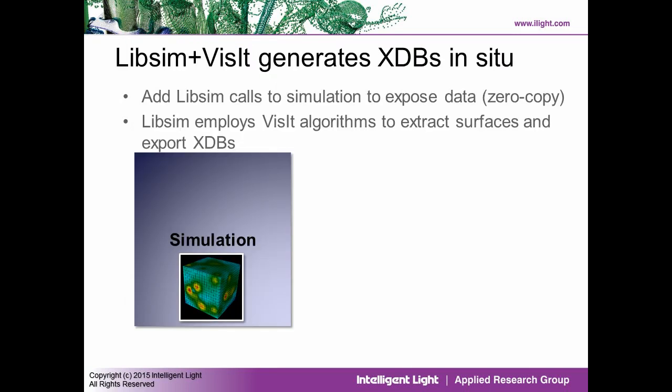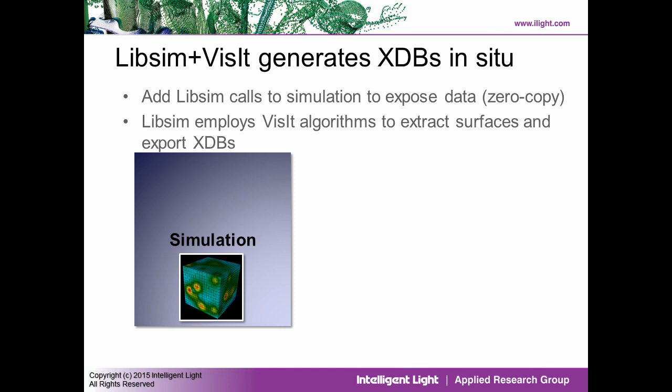So I'll go into a little bit of how LibSim works now before we go into the section where I'll give more concrete examples about the kinds of features that we added to support Kestrel. But anyway, when you have LibSim, you want to put it into your simulation.